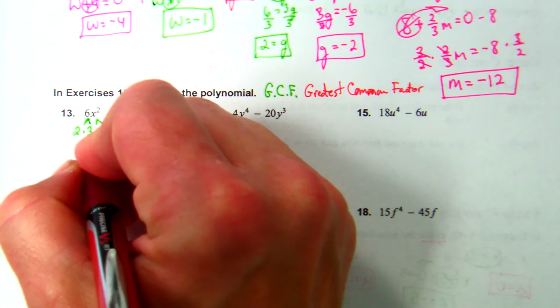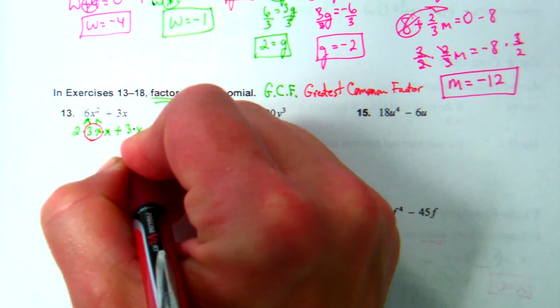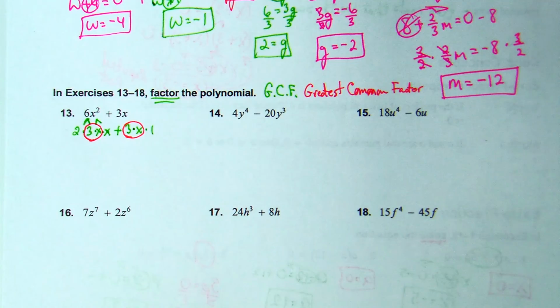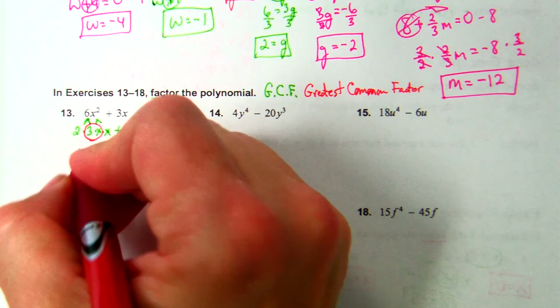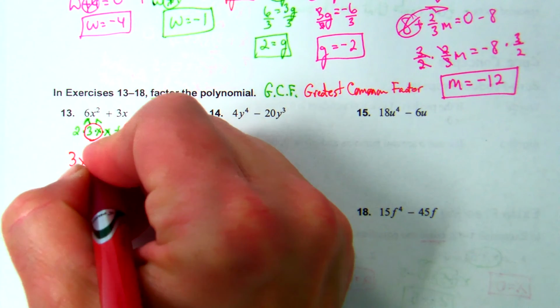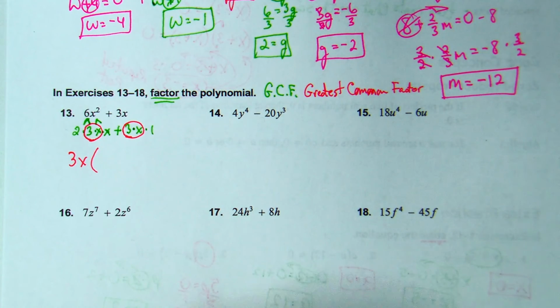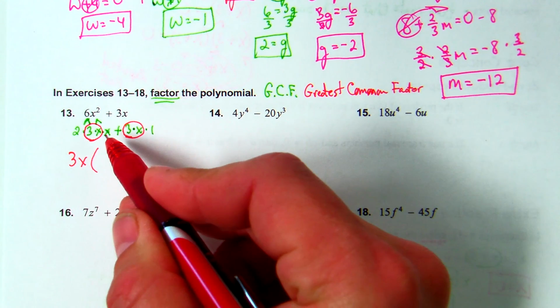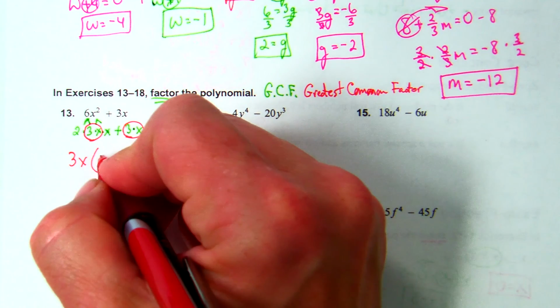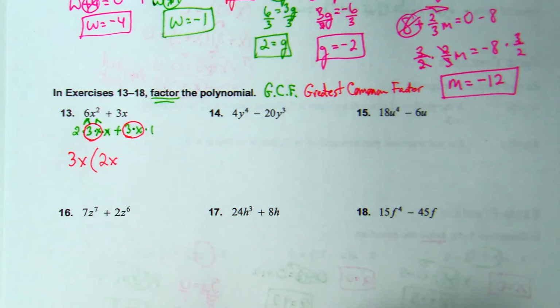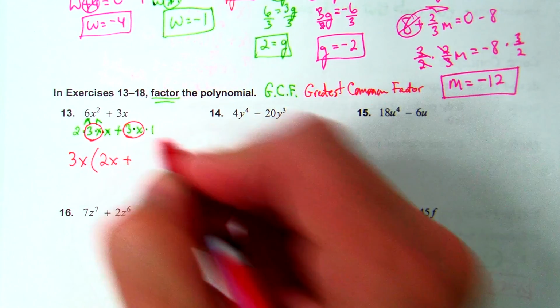I have a 3x in both of my terms. So I'm going to factor that out of the binomial. So I'm going to have 3x times, what's left in the first term? 2 and an x. So I'm going to have 2x. What's left in the last term? 1.